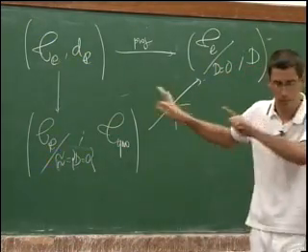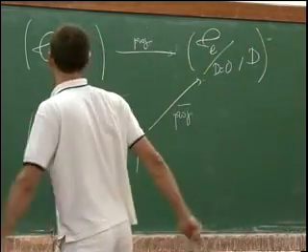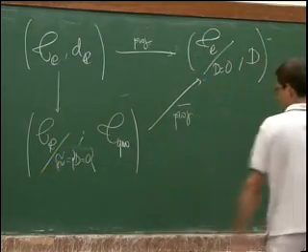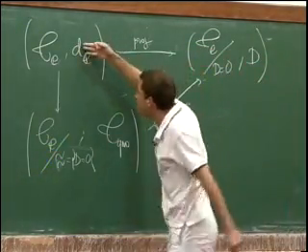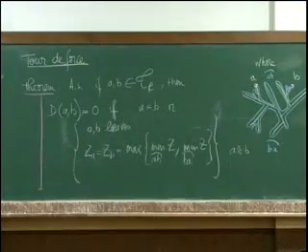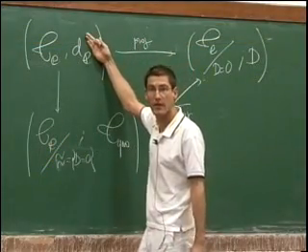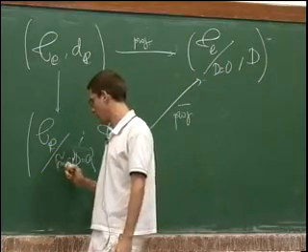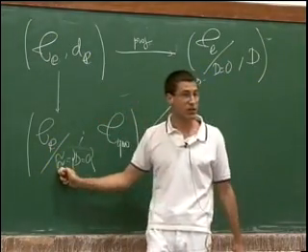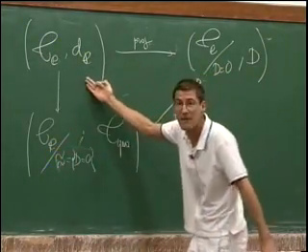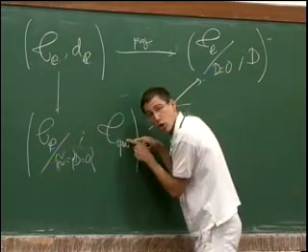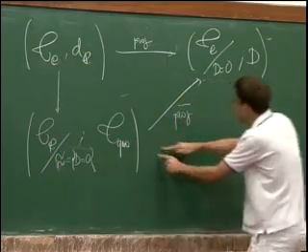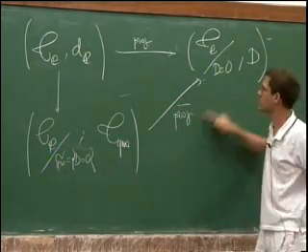OK, don't be afraid, I will do a reminder on quotient topology in 5 minutes, but this roughly says that if you have a continuous map which is constant on any equivalence class of a given equivalence relation, then this continuous map can be factorized through the quotient space endowed with the quotient topology, and you've got a continuous arrow here.